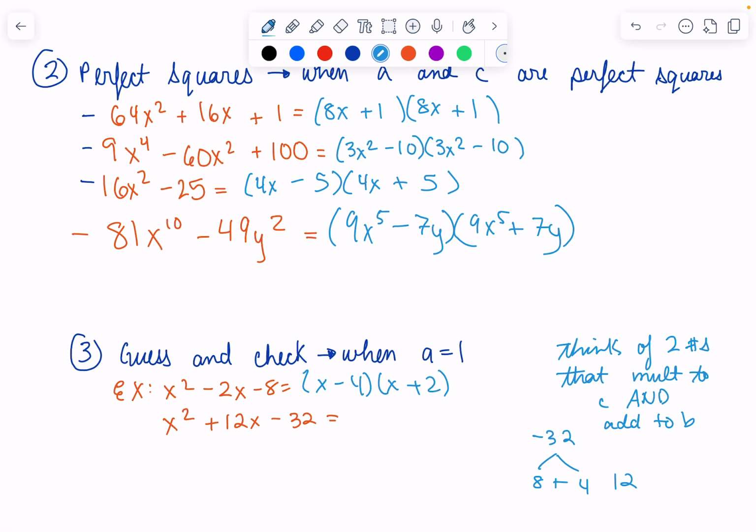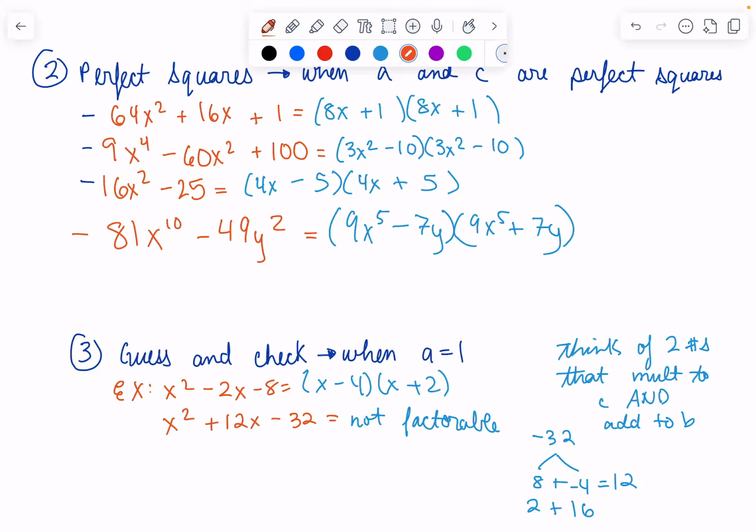So that's not going to work because that doesn't add up to positive 12. Okay, 2 and 16. That doesn't work. 1 and 32. Is this even factorable? Doesn't look like it is. So this is actually not factorable.